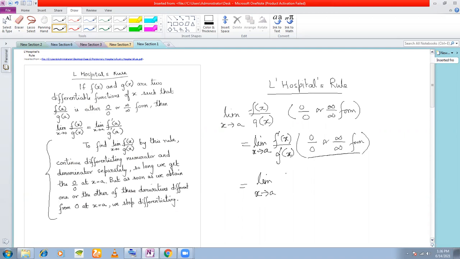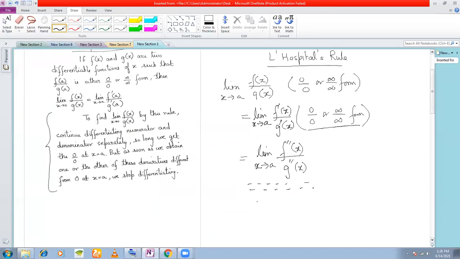That is, limit x tends to a, this time you get f double dash x by g double dash x. You continue this until you get a determinate form. Once you get a determinate form, then if you put x is equal to a, you will get your required limit.